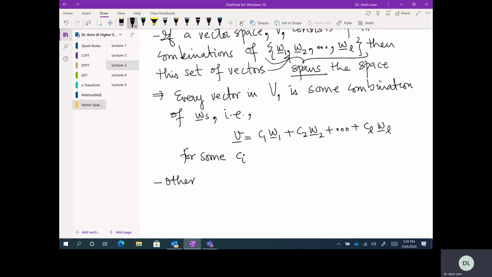Other WKs can also produce the same V. This implies C is not unique.